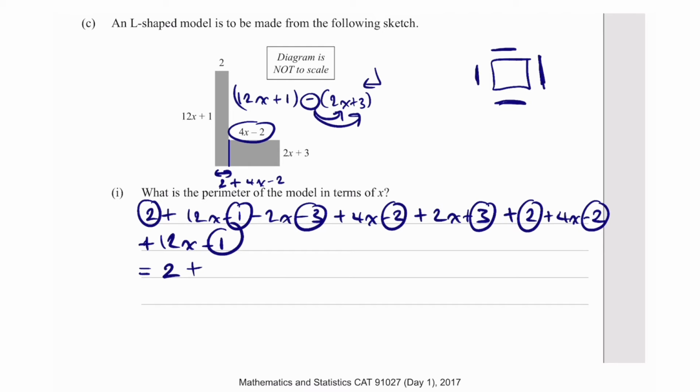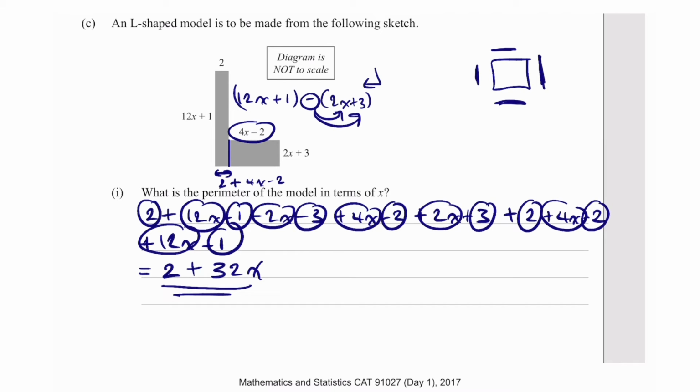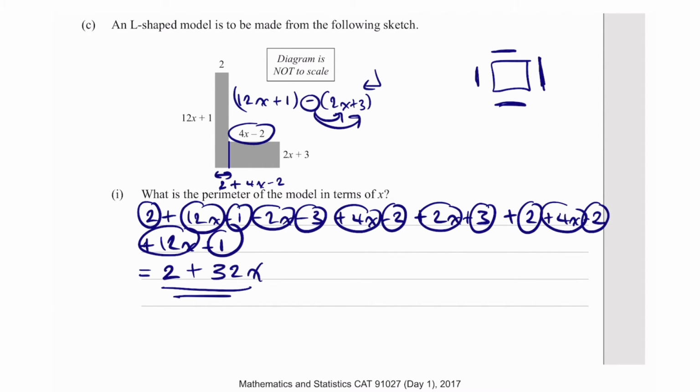Adding our letter part, our x values: 12, 10, 14, 16, 20, 32. So we're left with 2 plus 32x, and this is our total perimeter. Now it's actually interesting to know that if you're able to fully simplify that down, you would get an excellence. So it's a pretty easy excellence mark.